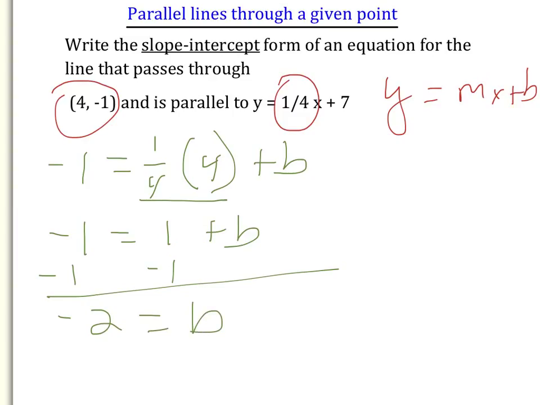Can go ahead and substitute in. I know my y-intercept, I know my slope, and so I have all the information I need to write it into y equals 1/4 x minus 2.